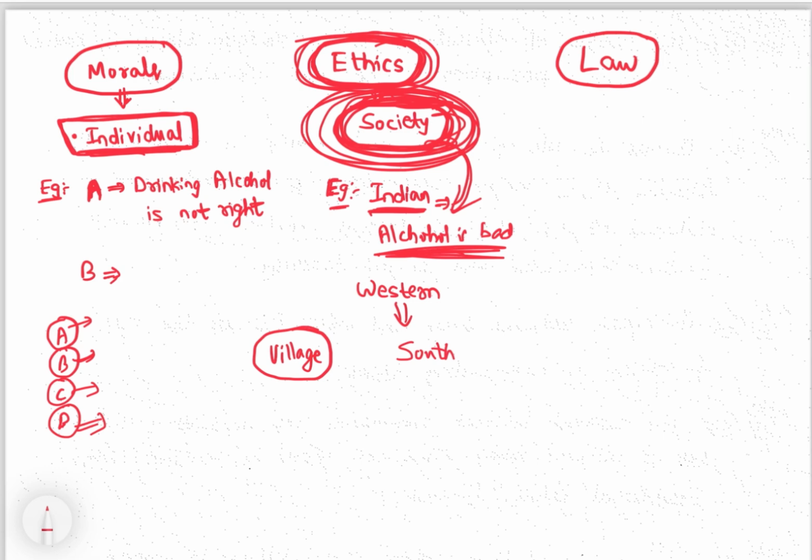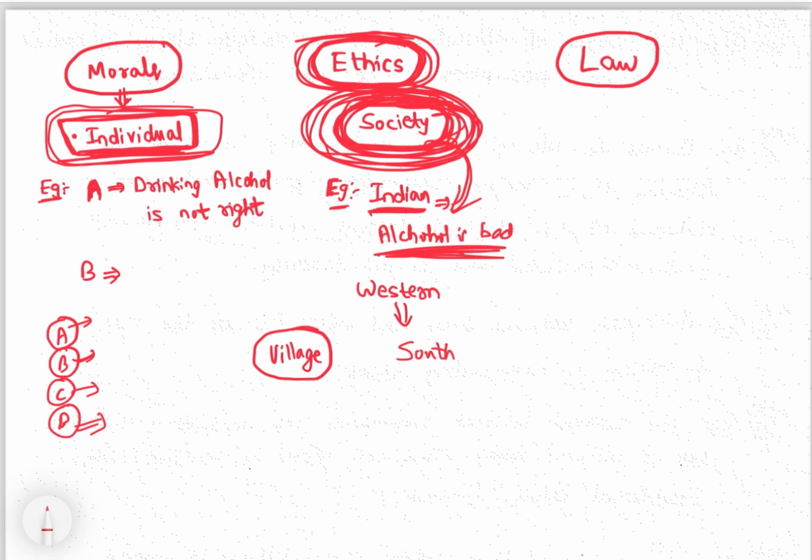Society is a group of individuals, right? And whenever we talk about morals, we talk about the individual. What an individual thinks is right or wrong, that is morals. What society thinks is right or wrong, that is ethics. So ethics of society and morals of individual.